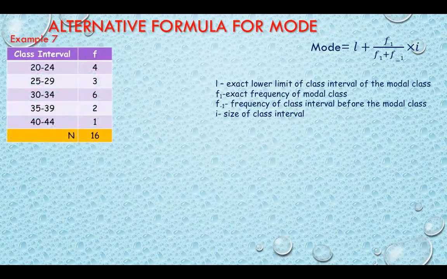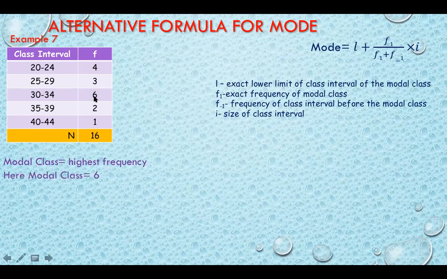For example, we have calculated the mode of this distribution and the mode came outside the class which we have chosen as the modal class. Now we will check by this formula. We have to first find the modal class, which has the highest frequency. Here it is 6, so this is the modal class.